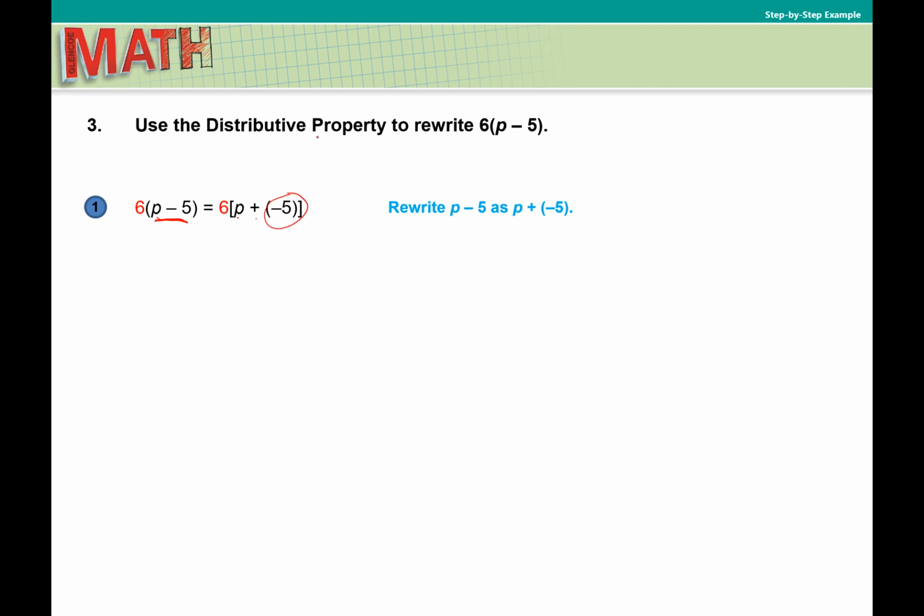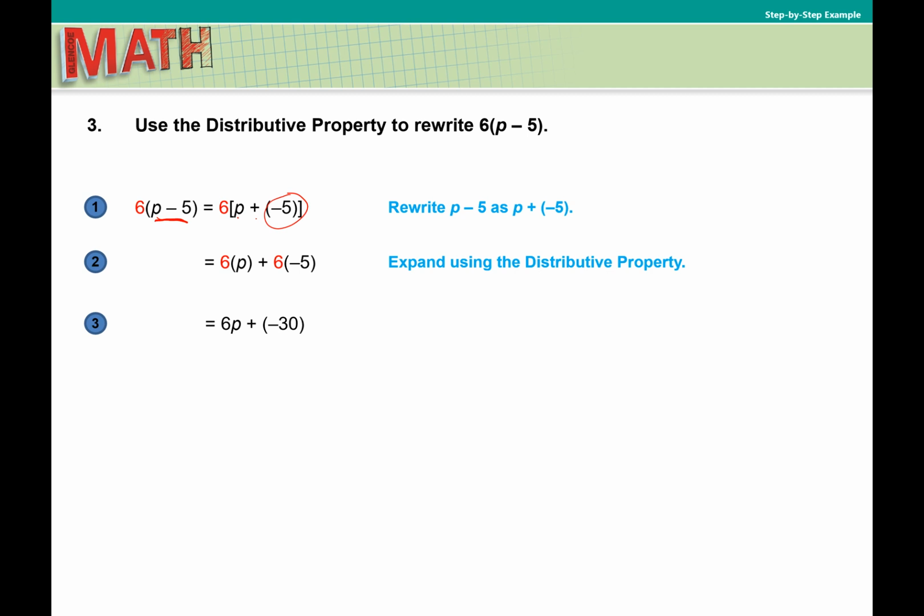So p minus 5 is the same thing as p plus negative 5. And that becomes helpful here in a minute. So then you work the distributive property out, take 6 times p plus 6 times negative 5, and you get an answer of 6p plus negative 30.